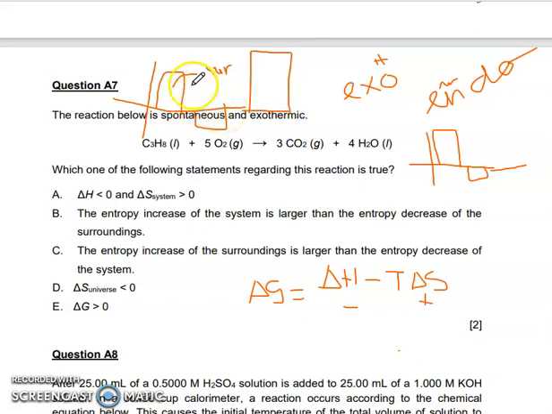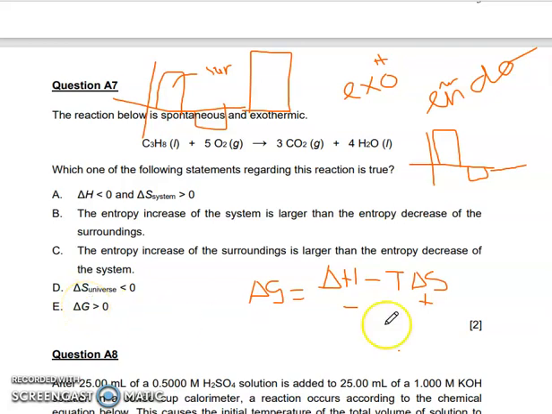So the increase in the surroundings has to be way larger than the entropy decrease of the system. These other statements don't work, because if your delta H is negative and your delta S is positive, delta G might not be negative. Temperature is going to affect that. Delta S of the universe has to be greater than 0 actually. So that one is a big lie.